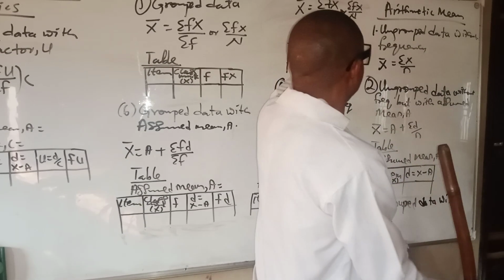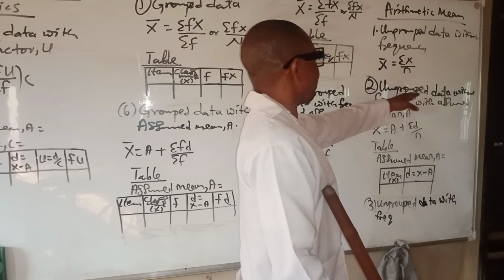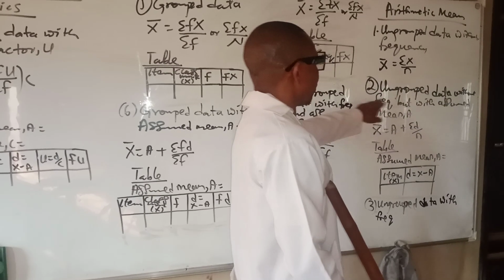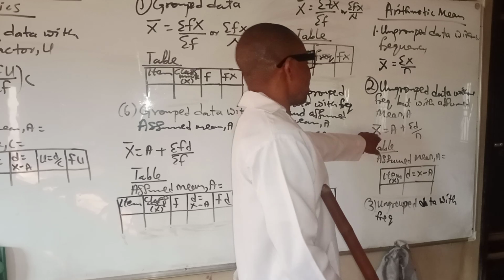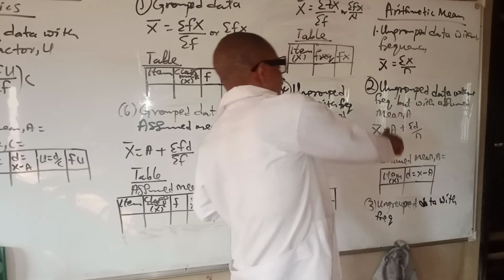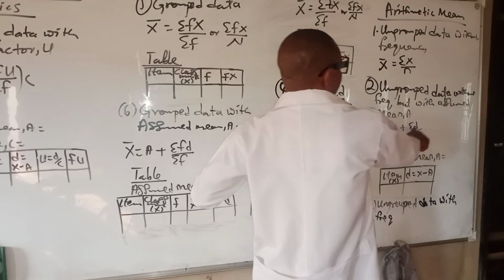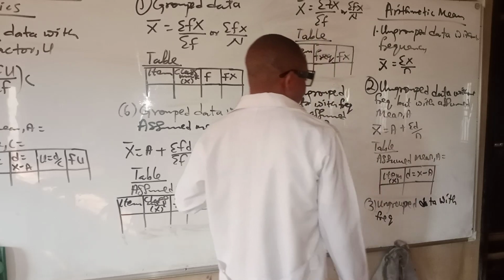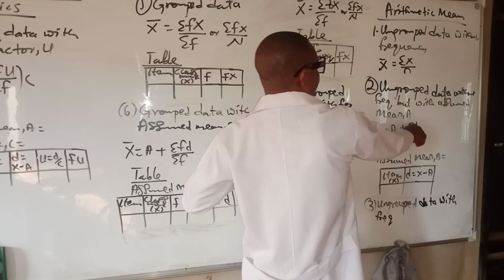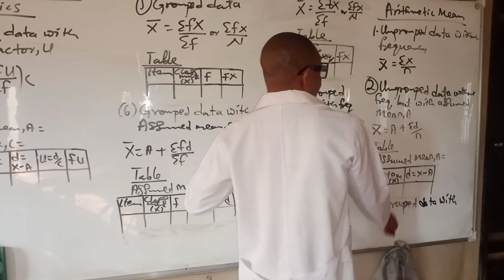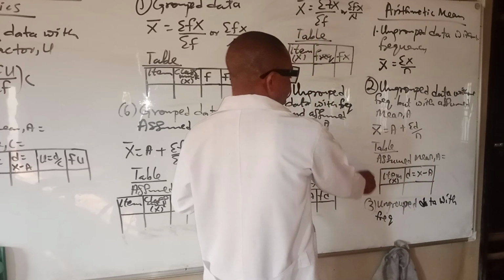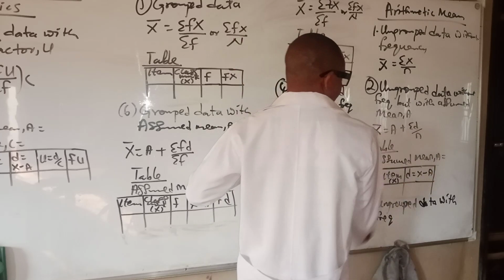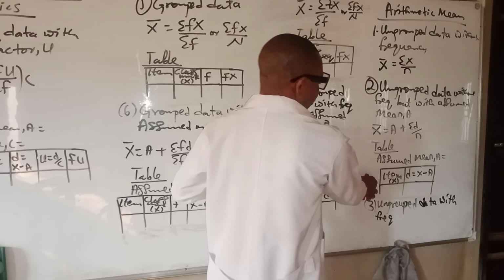Then number 2, we have ungrouped data without frequency but with assumed mean. The formula for calculating it is x bar equals A plus summation d all over small n. D is the deviation from assumed mean, which is calculated using x minus A. The table for it has the assumed mean A and 2 columns.